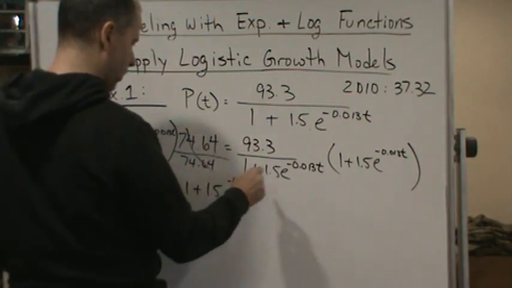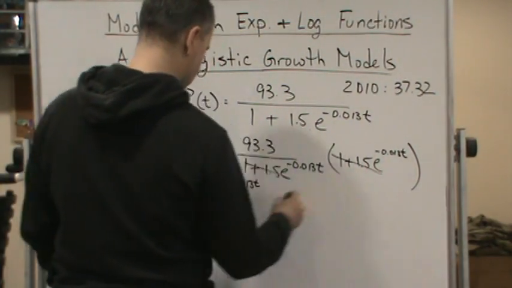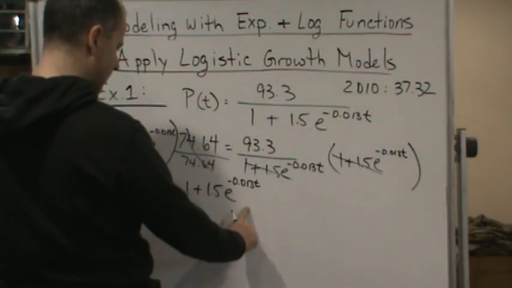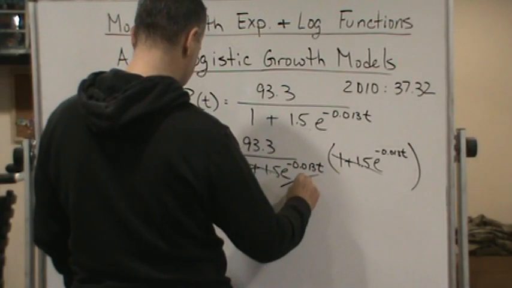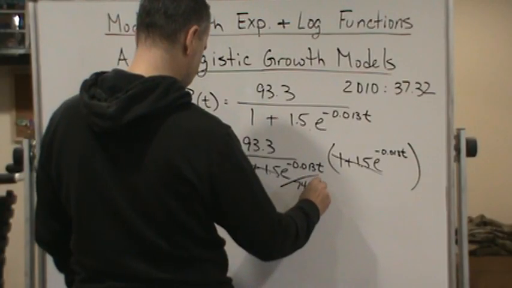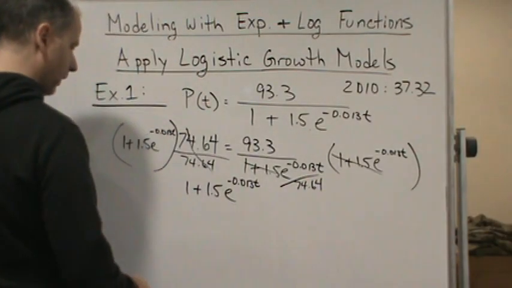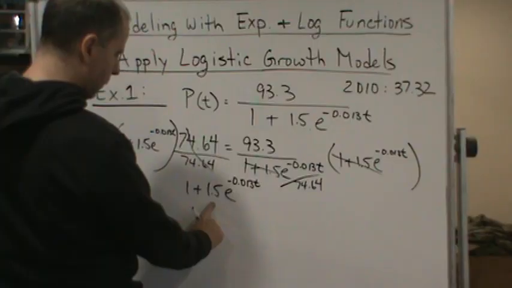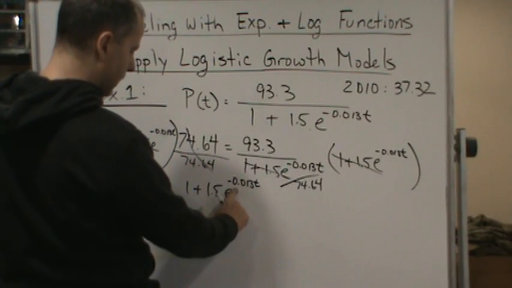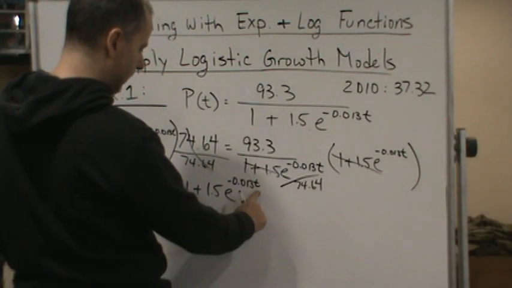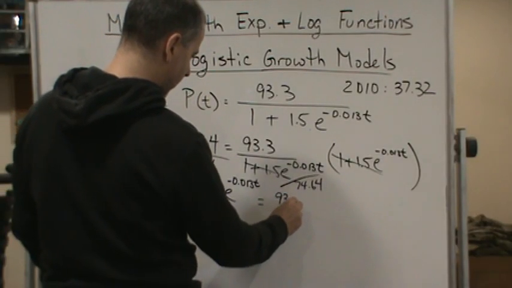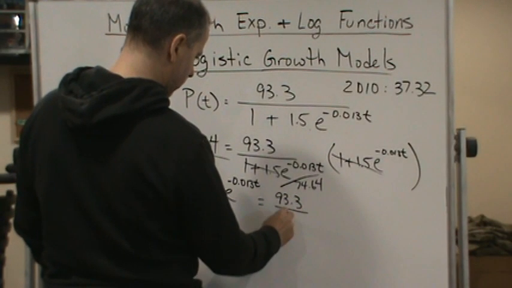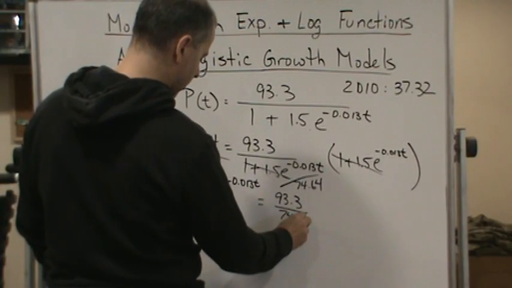So this is going to go away, and I'm going to get this on one side. Now I'm going to get 1 plus 1.5 times e to the negative 0.013t equal to 93.3 divided by 74.64.